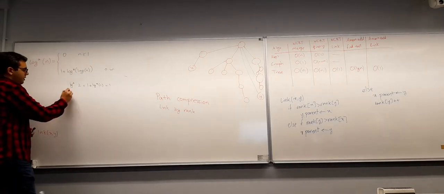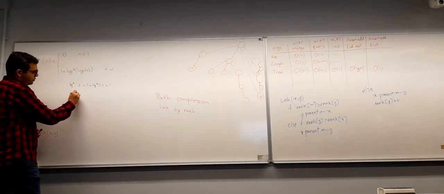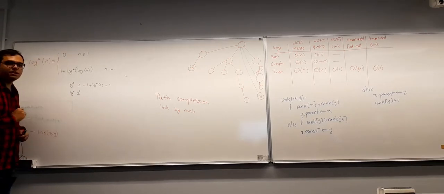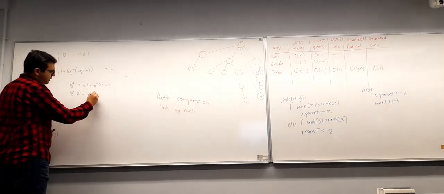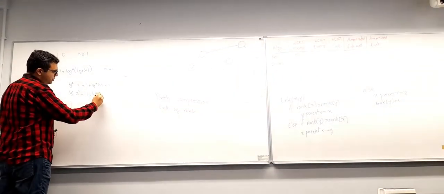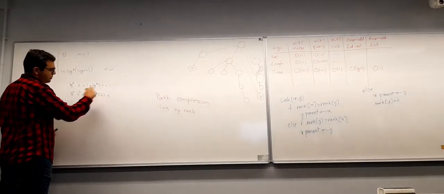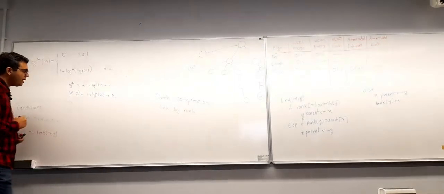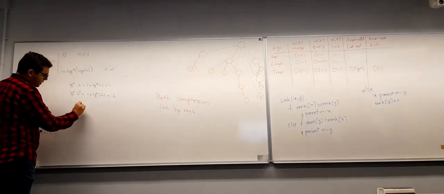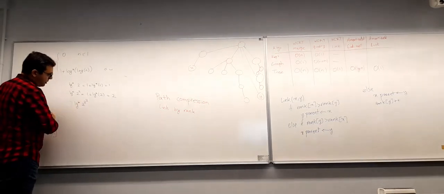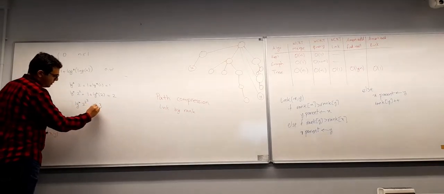Now let's say I want to compute log star of 2 to the power of 2. This would be 1 plus log star of 2, and log star of 2 was 1, so this is 2. And I can continue like this. I can say the log star of 2 to the power of 2 to the power of 2. This is going to be 3.